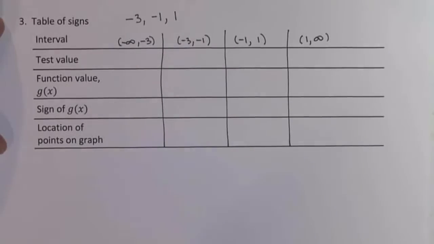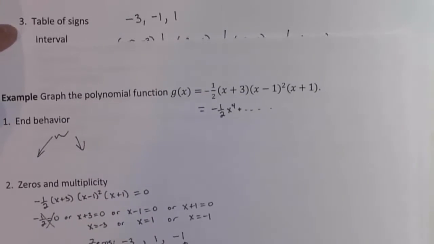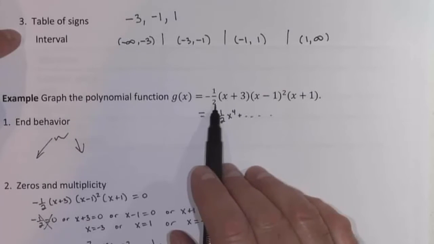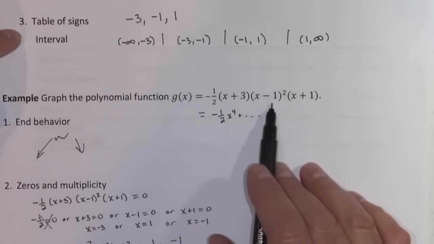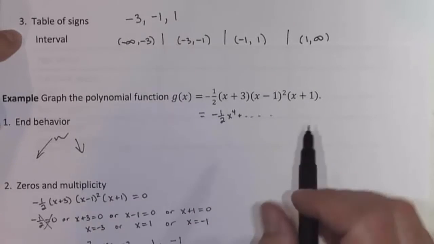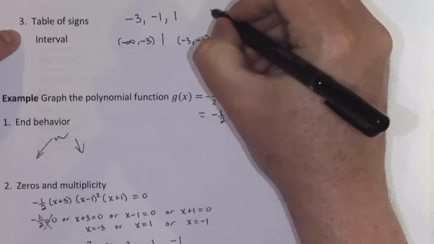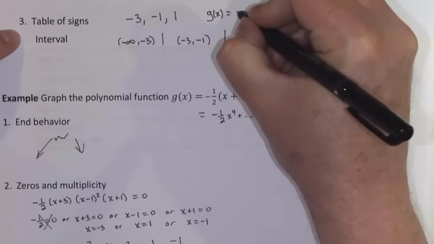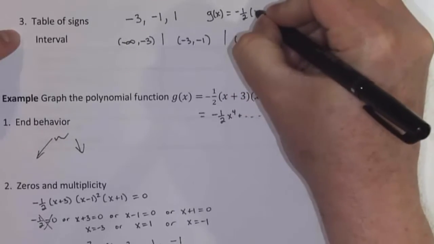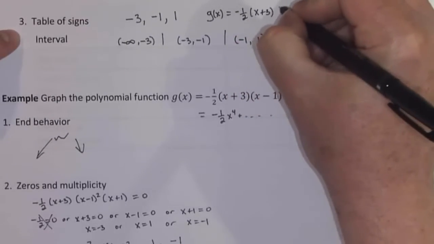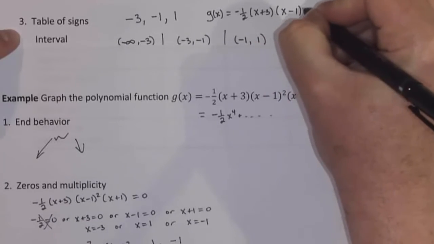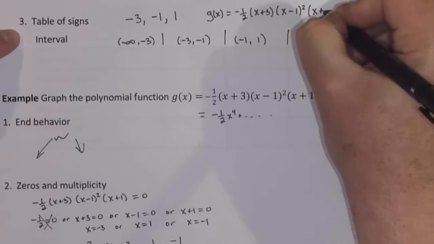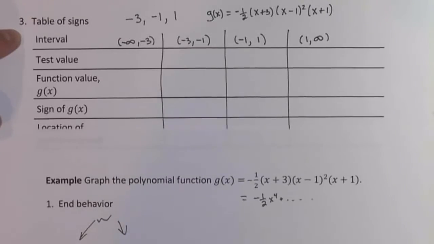Now remember, our function is g of x equals -1/2 times x plus 3 times x minus 1 squared times x plus 1. And just for reference, I'm going to rewrite that here. So g of x equals -1/2 times x plus 3 times x minus 1 squared times x plus 1.